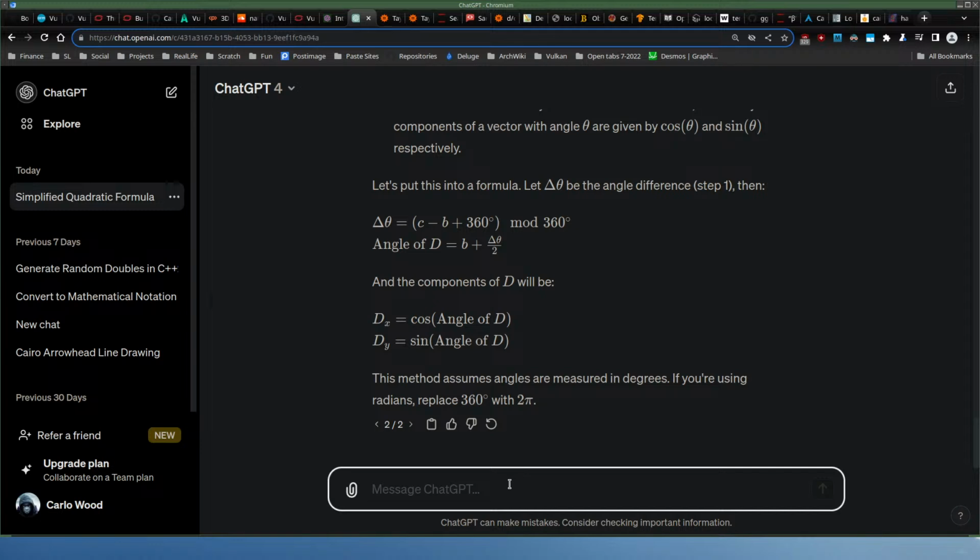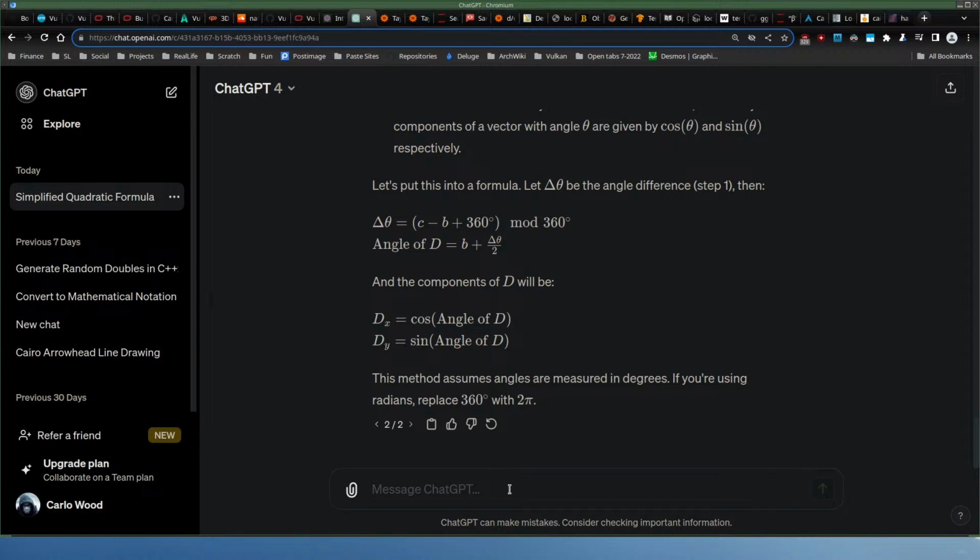So the next question is then. What I did was use for the angle B plus C divided by 2. Can you explain why that can go wrong?